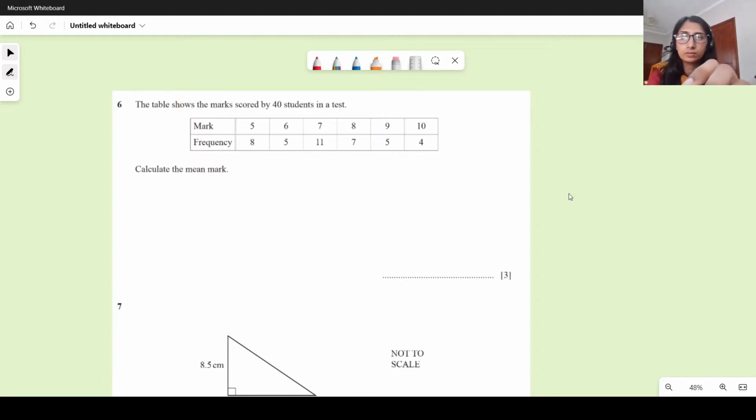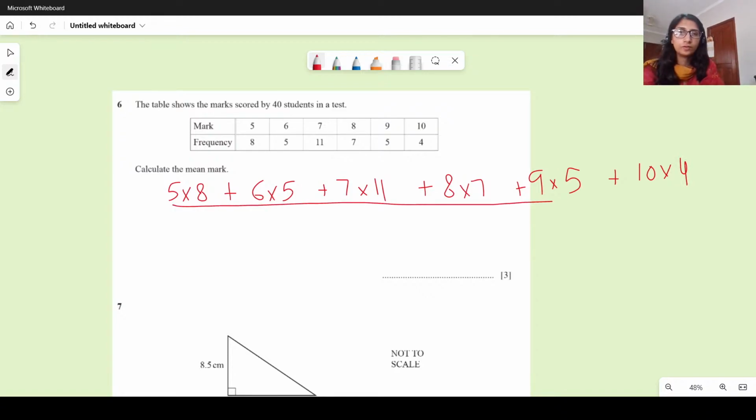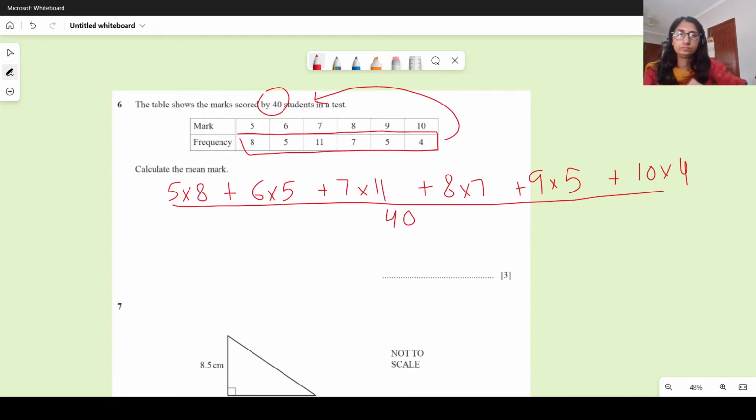Calculate the mean marks. So 5 times 8 plus 6 times 5 plus 7 times 11 plus 8 times 7 plus 9 times 5 plus 10 times 4, divided by the sum of all frequencies, which is usually given in the question, 40. So I'm going to just write 40.